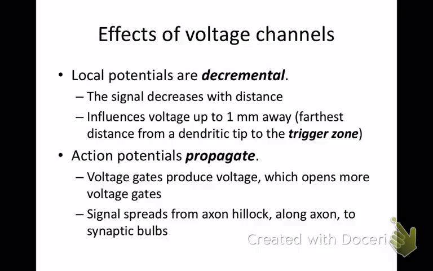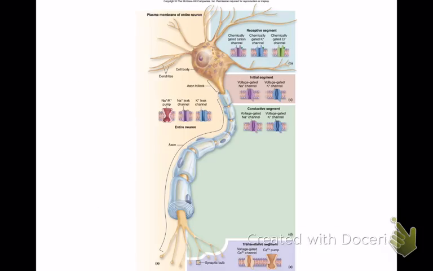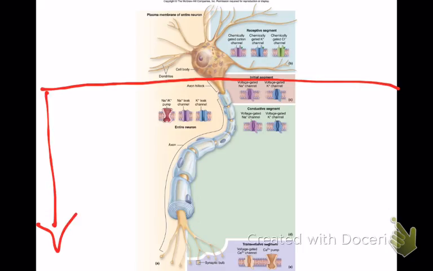But the axon is everything from there down. All of it. So the axon starts at this part called the axon hillock. A hillock is a little hill. So it's just a little swelling on the cell body, which is the beginning of the axon. The axon here is myelinated.